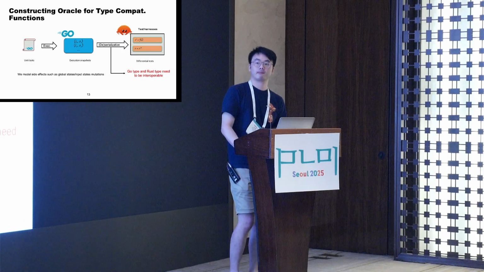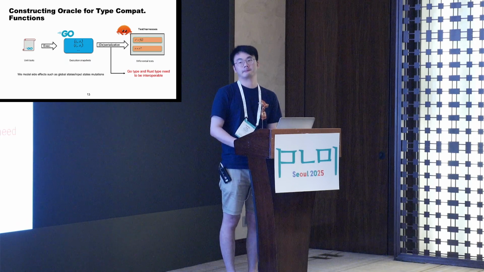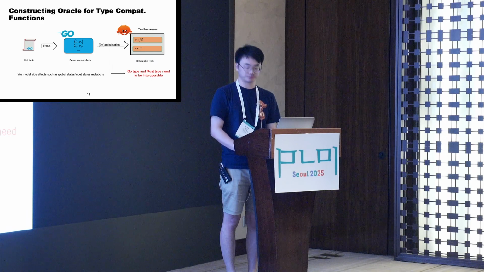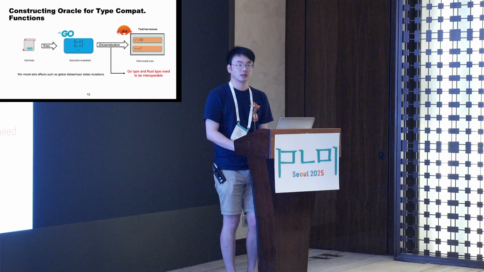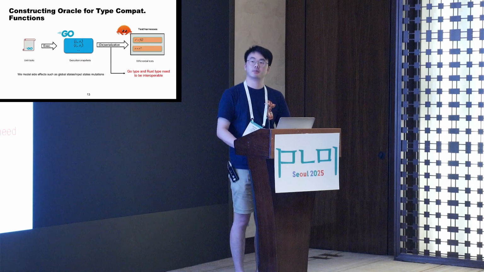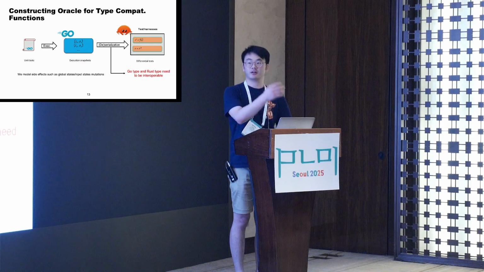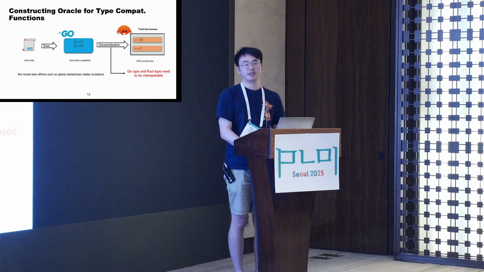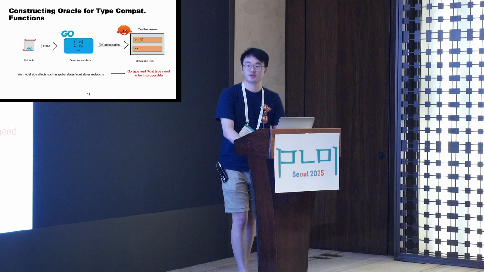Thank you for the talk. How do you handle the borrow checker? How frequently did it happen that the borrow checker rejected the translated program? Okay, thanks for the question. We don't particularly handle the borrow checker. We rely on the LLM to generate correct code. But as you said, the borrow checker of Rust is very strict.